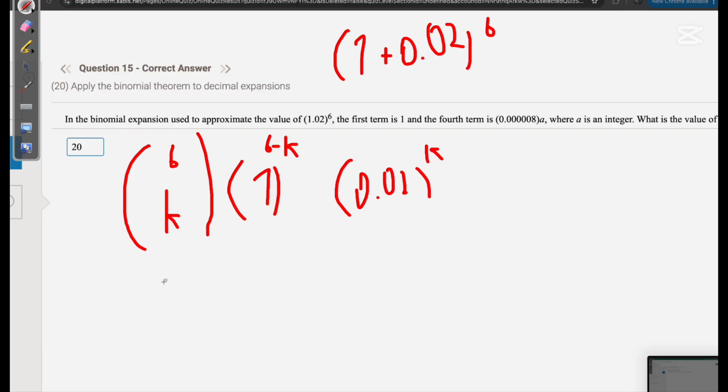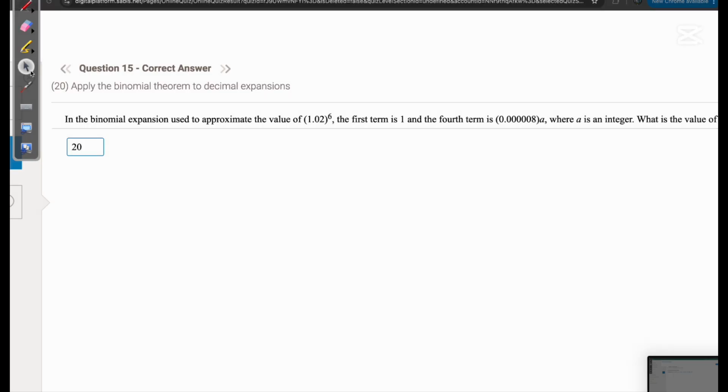So k is 3. So 6c3, you continue, this doesn't matter because it's 1, and then they already gave us this, so you just do 6c3, which is 20. We have 15 out of the way now.